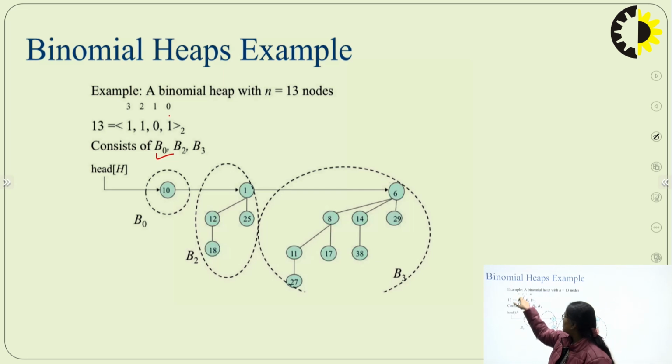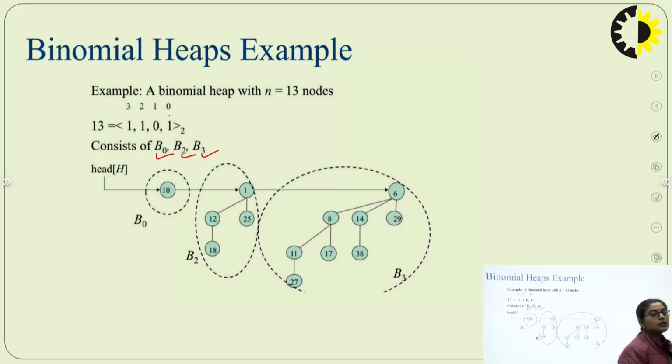And B2 is considered, and the order 3 tree, B3, is also considered. That means this is the answer to the question: what kind of binomial trees are required to create a binomial heap having exactly 13 nodes.